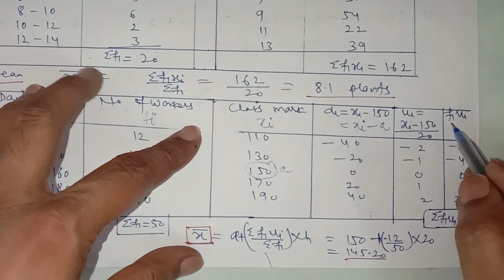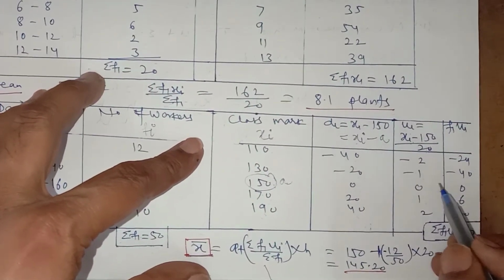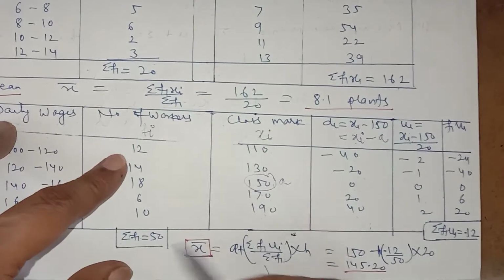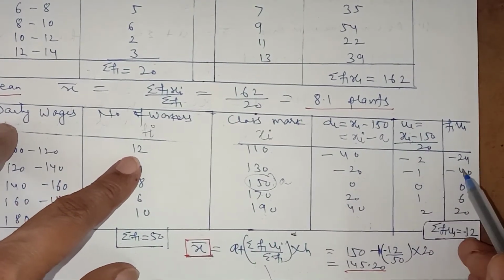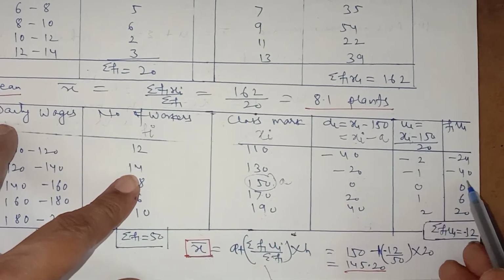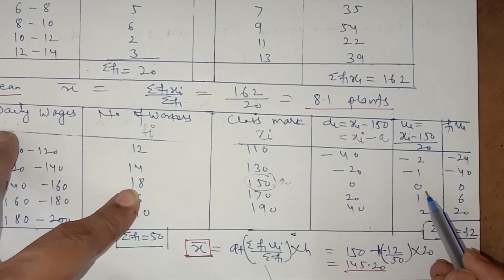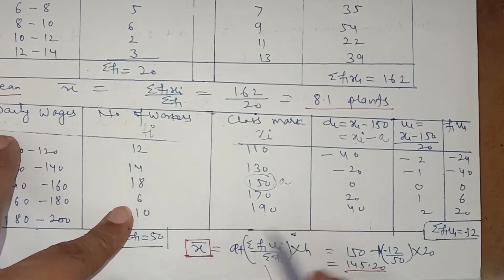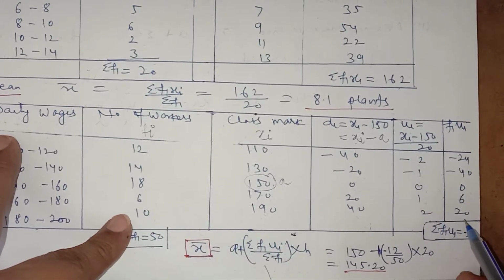Then you have to find the product of fi and ui. This is fi, this is ui, so 12 into minus 2 is equal to minus 24, 12 into minus 1 is equal to minus 12, 18 into 0 is equal to 0, 6 into 1 is equal to 6, 10 into 2 is equal to 20.